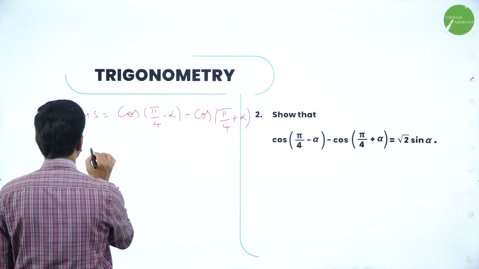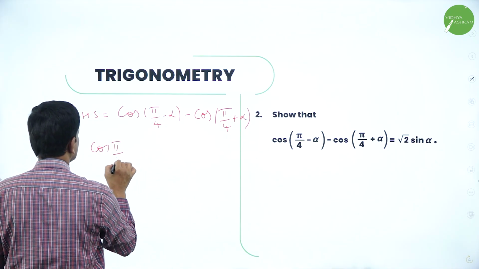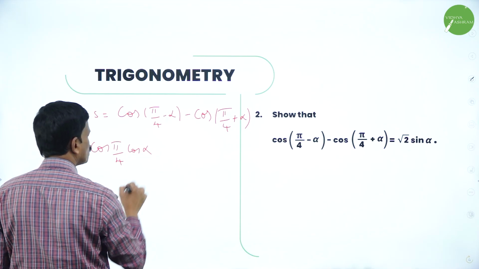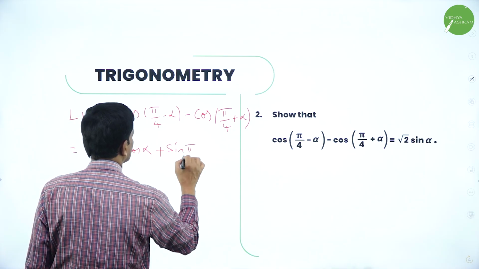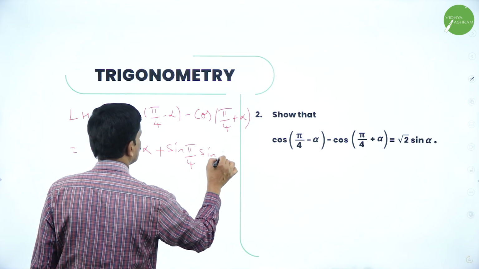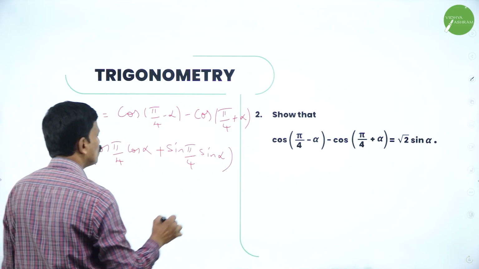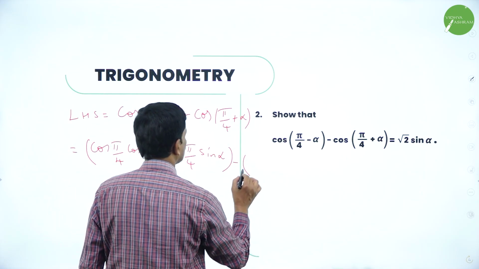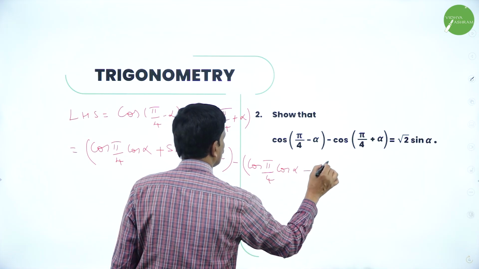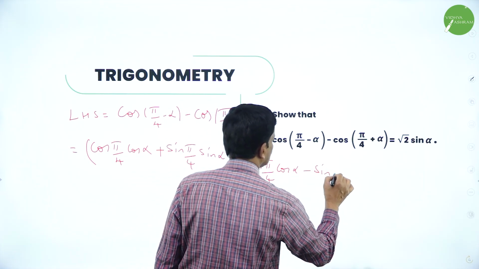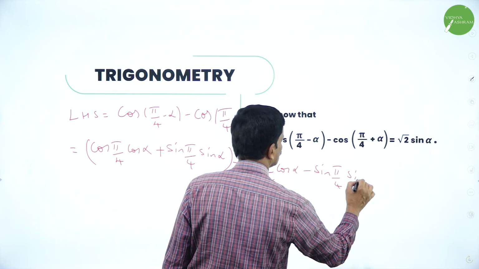So cos(A minus B) is equal to cos A cos B, that is cos pi by 4 cos alpha, plus sin A sin B, sin pi by 4 into sin alpha, minus cos(A plus B), which is cos A cos B minus sin A sin B. Right.